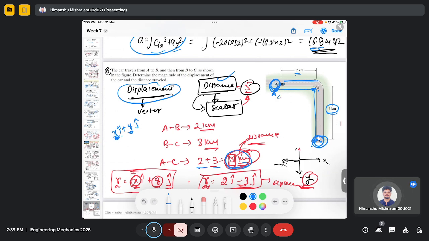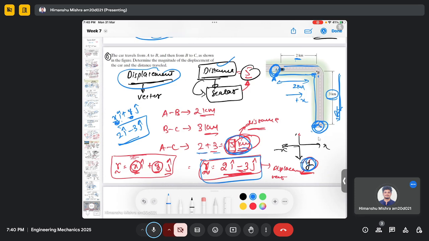The magnitude of x is 2 kilometer in the positive x direction, so it is 2i, and this is 3 kilometer in the minus y direction, in the downward direction. Those are unit vectors, i and j. So it is 2i minus 3j. So this will be your displacement vector. So that is the answer.